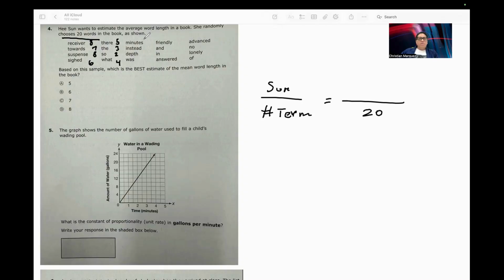Minutes has 7. This one has 7 as well. This one has 5. And was has 3. This one has 8. 3, 2. This one has 8.